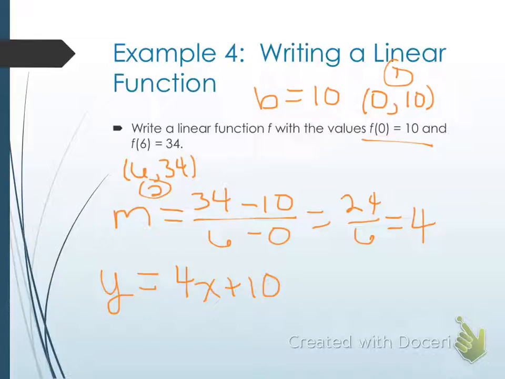Now, this is written in linear form, but if I wanted to write it again in function notation, remember, the only change here is instead of writing y, you're just going to write f of x equals 4x plus 10.